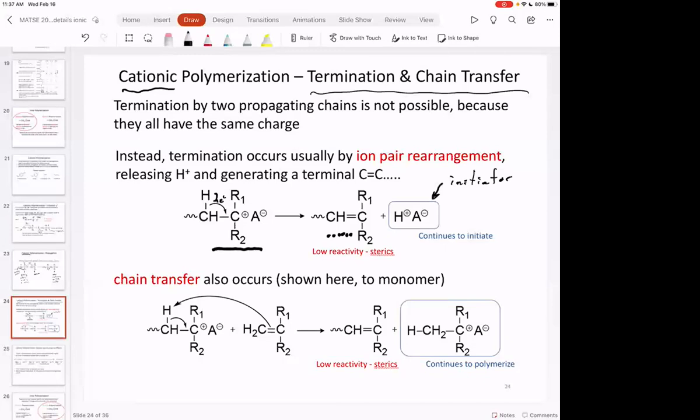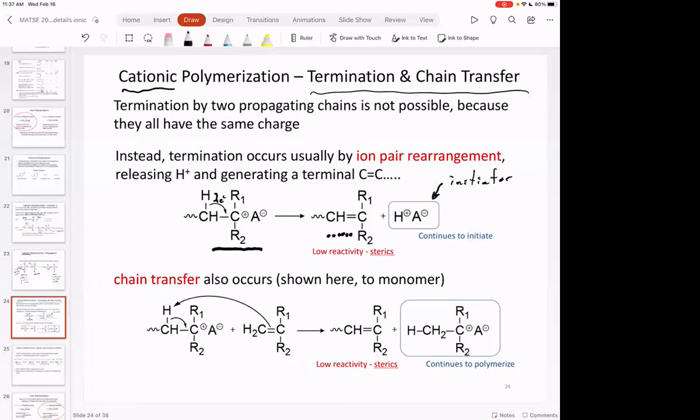So if I write this equation and say this is a termination mechanism versus free radical, what do we need for free radical termination to happen? Yes. You needed two active centers, right? M dot concentration and M dot concentration had to get together.